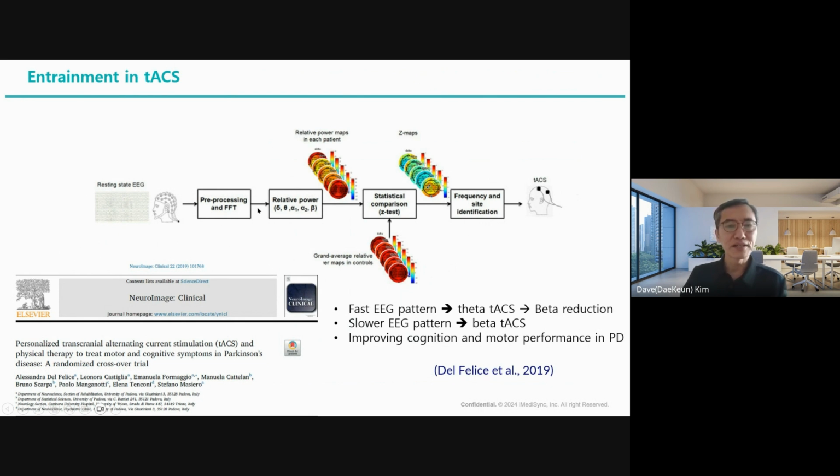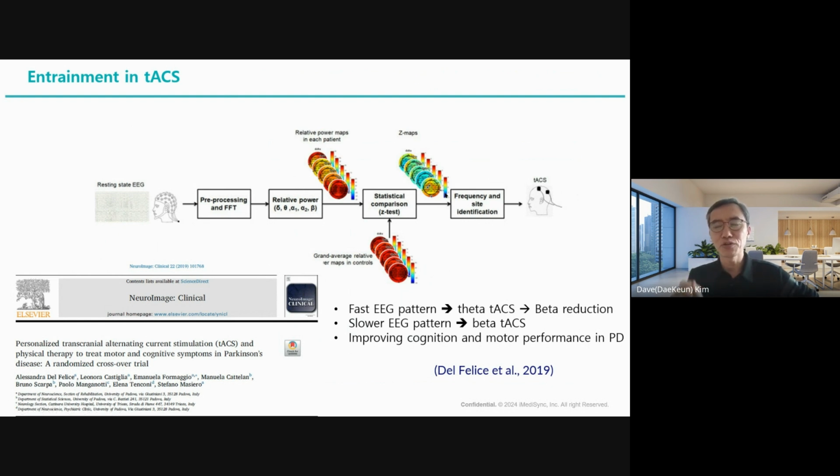The basic idea of QEEG-guided neuromodulation is, first, we need to record EEG and pre-process and find the QEEG features, and then do normative comparison. Then we can find the abnormal area in terms of frequency, oscillation, amplitude and the location.